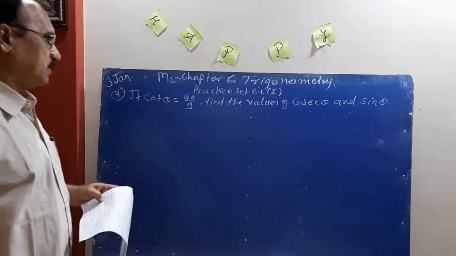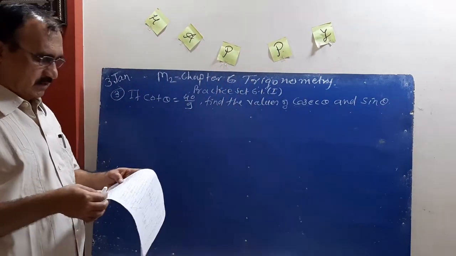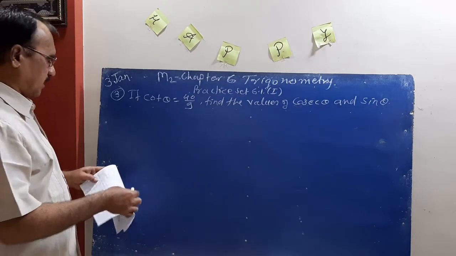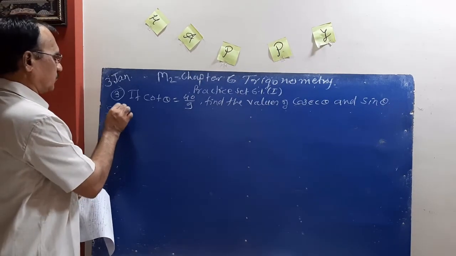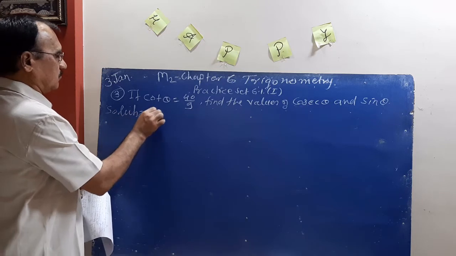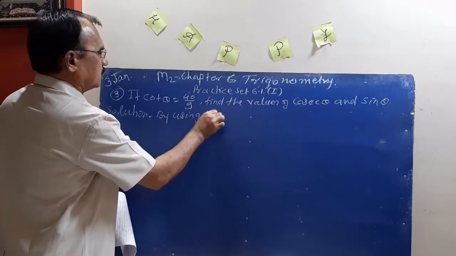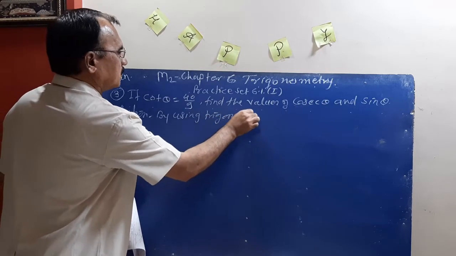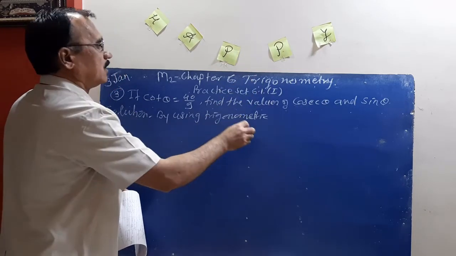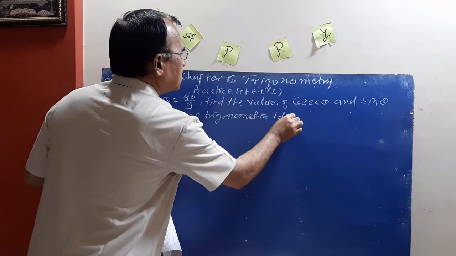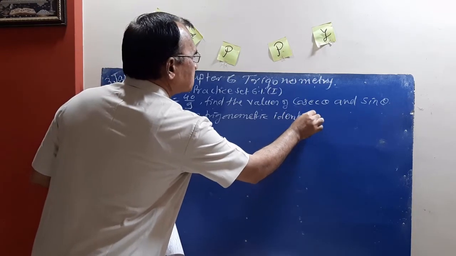If cot theta is given, we have to find cosec theta and sin theta by using trigonometric identities.